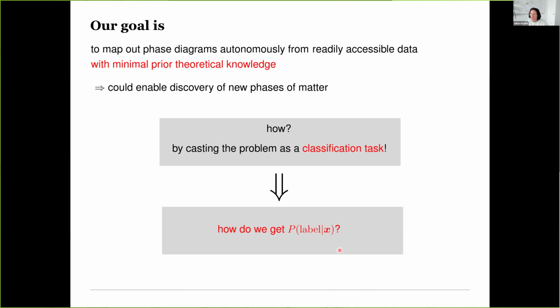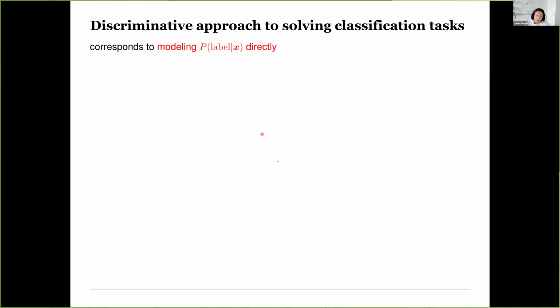In the following, I'm going to present two distinct approaches of doing that. And this is a discriminative approach and a generative approach. So in a discriminative approach to solving classification tasks, you would model the probability of the labels given X directly.